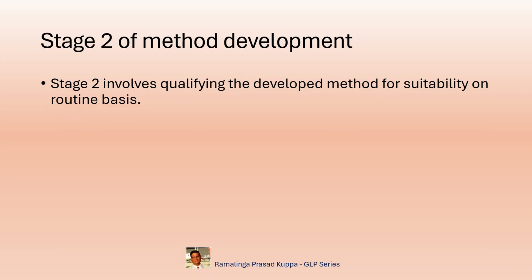Stage 2 involves qualifying the developed method for suitability on routine basis. Stage 2 involves qualifying the method developed in stage 1. Qualification may be considered as a trial run of the test method before going for full validation.